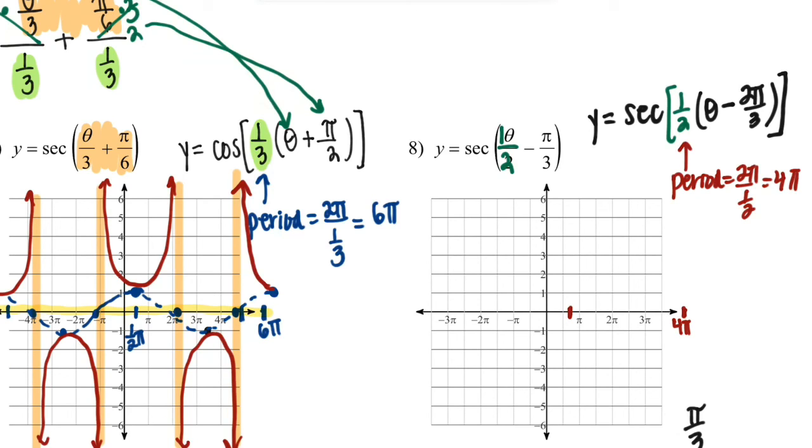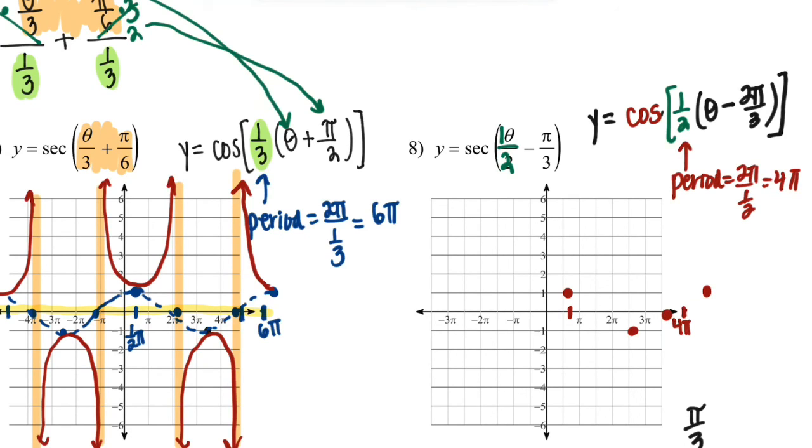So cosine, yay, because I wrote secant right there. Should have written cosine. The cosine curve starts at its maximum, and then 2 pi later ends at its maximum. And then halfway between, it's at its minimum.